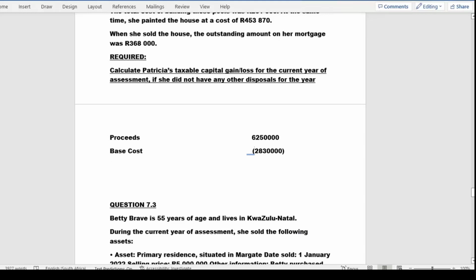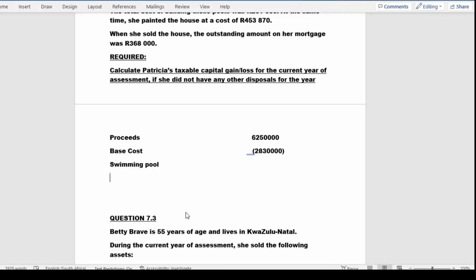So let's look at the other things that will be included in there. There was a swimming pool, a loan and painting. Let's just have a look at the swimming pool. Remember, that's part of the cost. It is included, yes, it is included. And there was a loan amount. Remember the borrowing cost part? Not included.